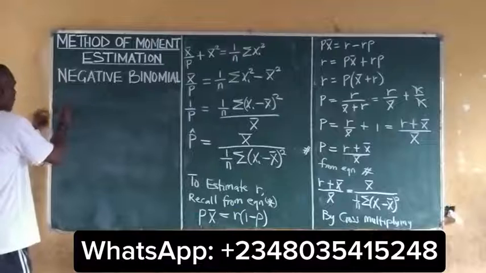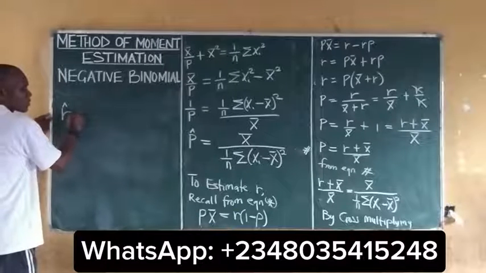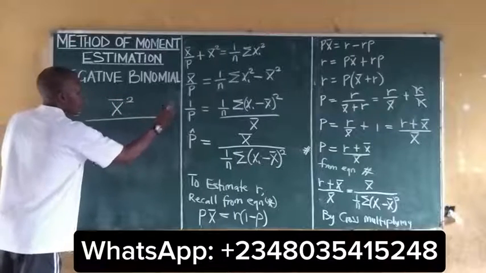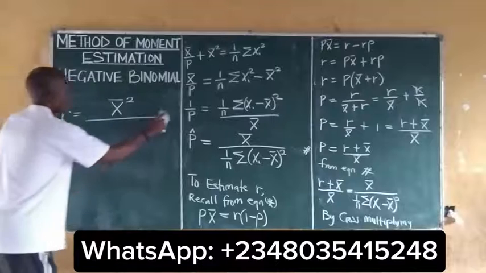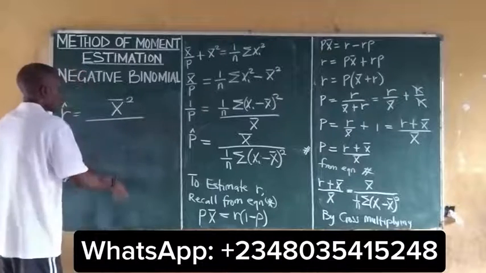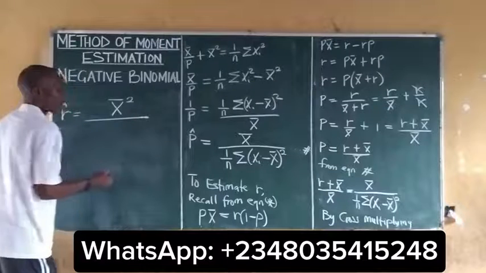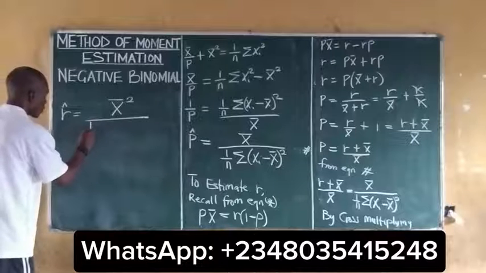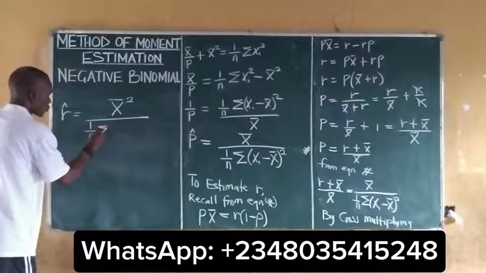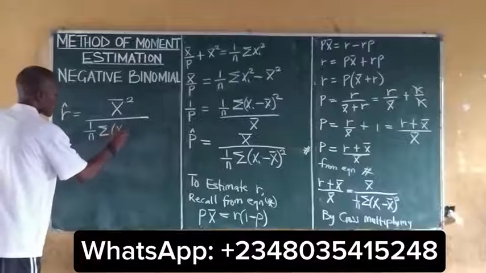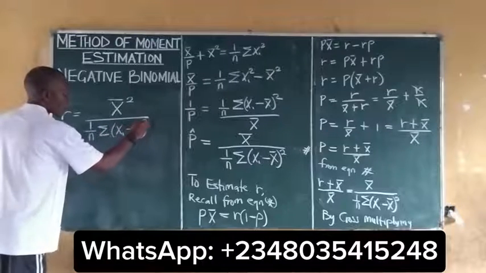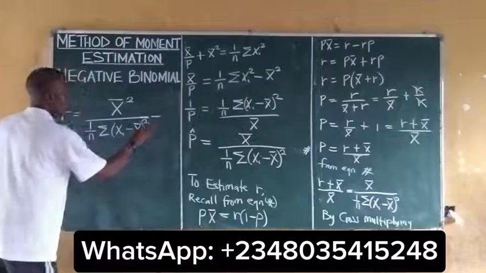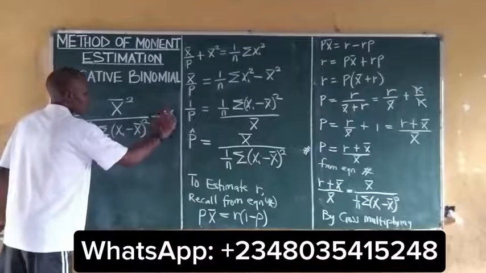If we cross multiply, we'll have our R estimate to be equal to x bar squared all over 1 all over n summation of xi minus x bar all squared minus x bar.